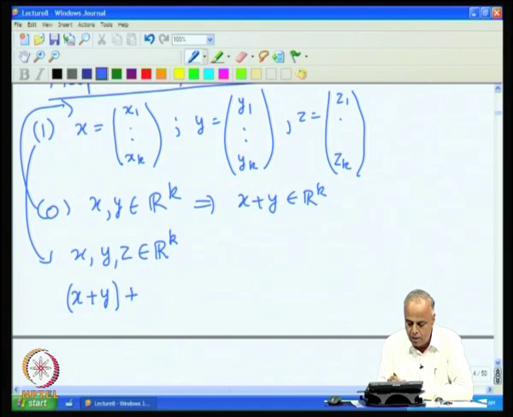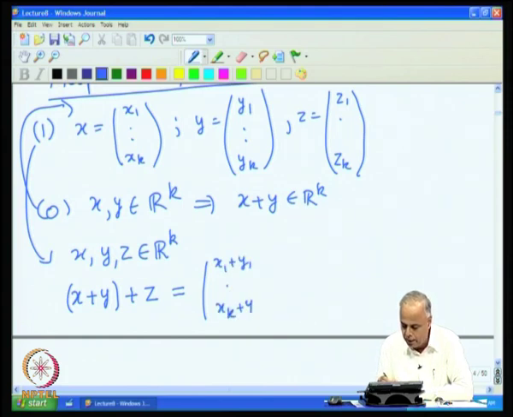Any element in R k can be added with another element in R k. So, x plus y plus z is an element in R k, and what is this? x plus y is x 1 plus y 1, up to x k plus y k, and this is the definition of x plus y, and plus z, which is z 1 to z k.